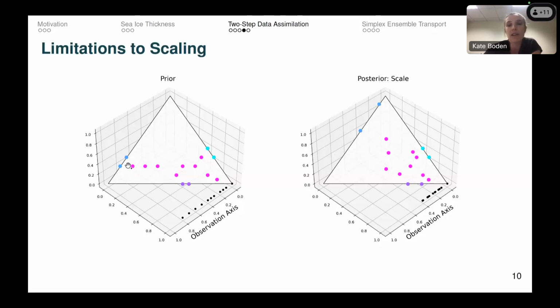If you scale, you can never make a non-zero value 0 or a 0 value non-zero. And so you have to still live on these boundaries for the other state space variables. I'm showing you here in black how the observation has collapsed to about, let's say, 0.2 open water, as here the forecast is a little more widely distributed.